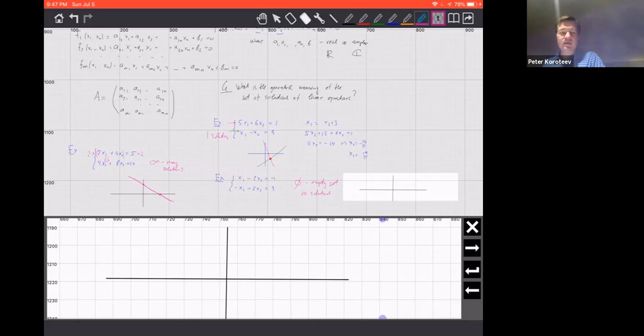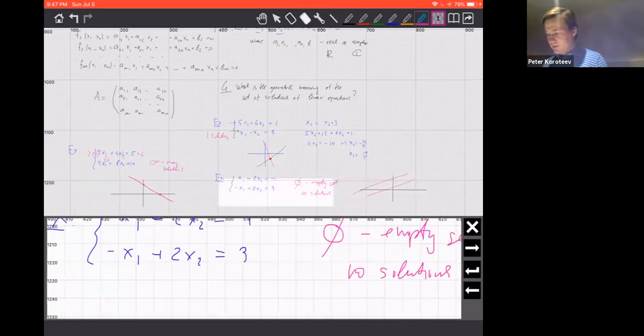The lines do not intersect, they are parallel. That's right. If you draw them, one will go like that, a line with slope 1/2, and the other will go like that. So it's a pair of parallel lines.